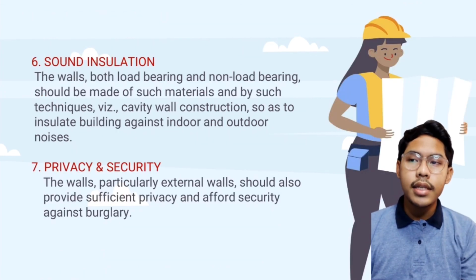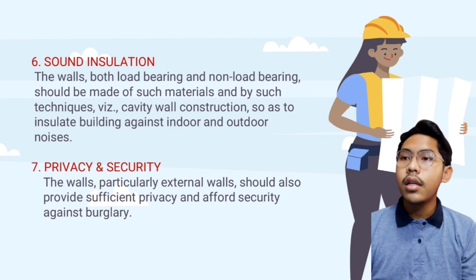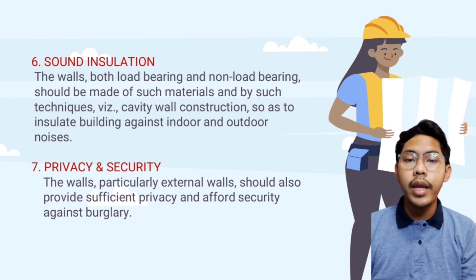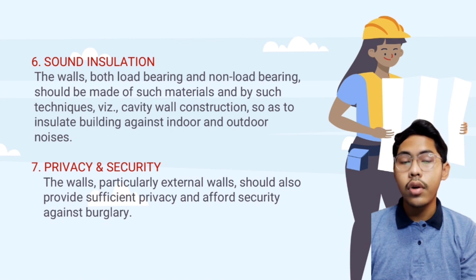Next is number 6, sound insulation. The walls, both load-bearing and non-load-bearing, should be made of such materials and by such a technique, for example cavity wall construction, so as to insulate the building against indoor and outdoor noises.